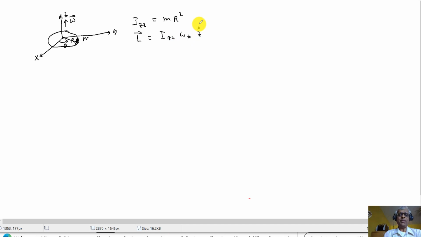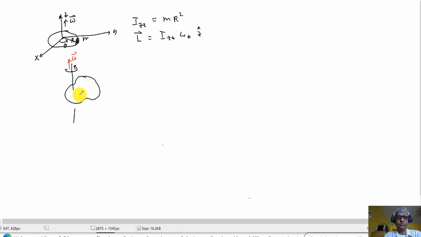Okay, so there are some axes in which things are just very simple, right? If I have some object which is of odd shape, and is rotating about this axis, this is the omega direction because it's rotating about that.